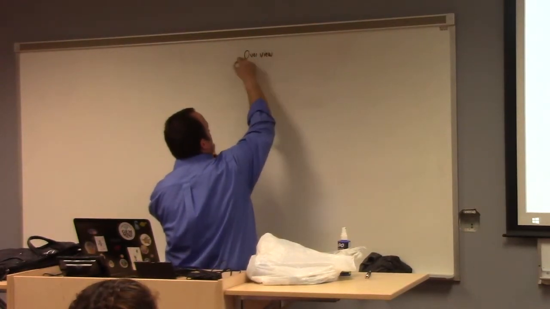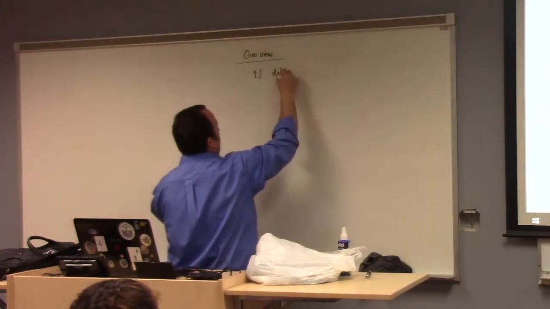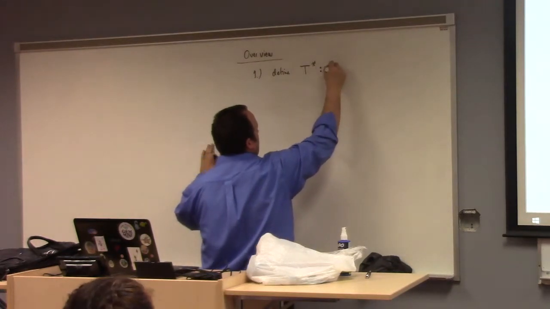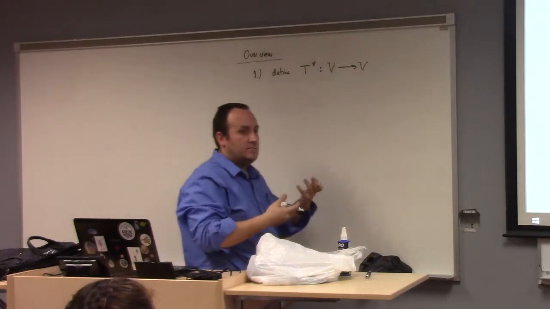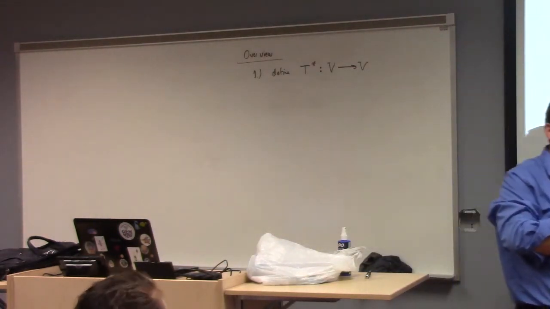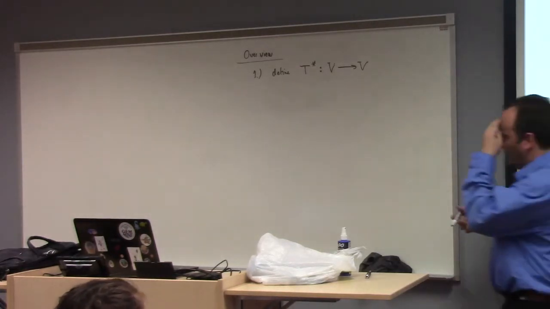Number one, we'll define the adjoint for a linear transformation. So T star is a new linear transformation built from a given linear transformation T on an inner product space. My first order of business is to describe this new thing called the adjoint of T.